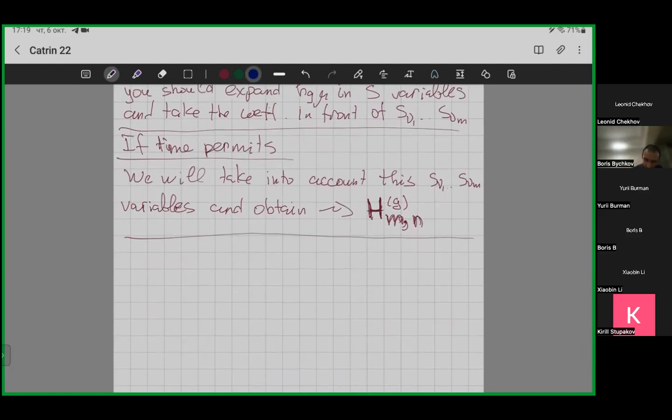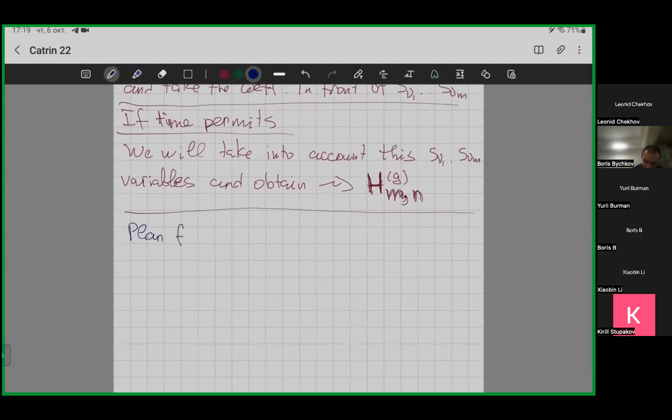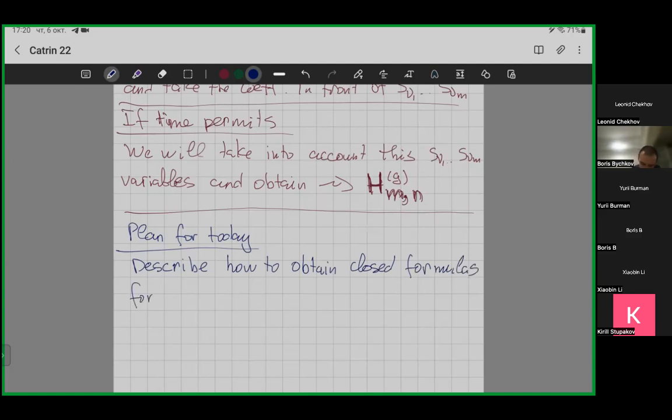The plan for today is to describe the main points of how we obtain some closed formulas for H_g,m, not these guys, but H_g,m for generalized Hurwitz numbers.